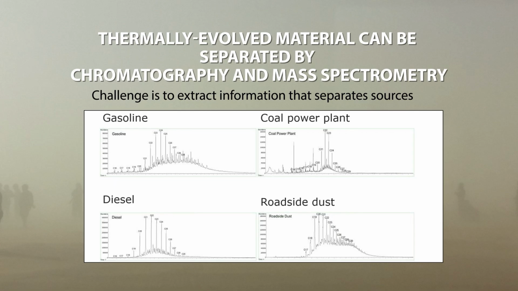Even the source profile is available for road dust. If you have all these compounds in your ambient concentration, we can figure out that this could probably be from road dust. Or if you find this set of compounds at your receptor location, we could conclude that maybe this is from a diesel source.